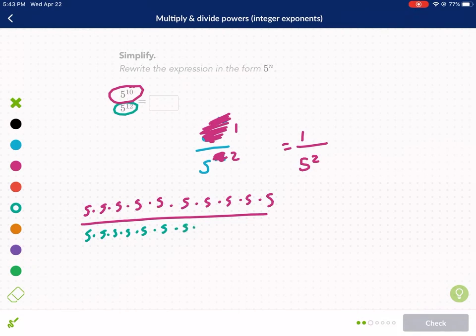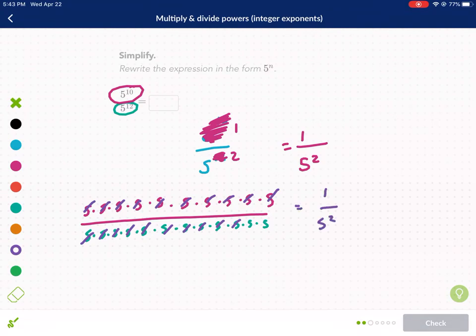I would not advise doing this each time. It's very time consuming and really a waste of time, but it's good to demonstrate. You could rewrite each one as a fraction. Anything you see in the top, you can cancel with the bottom. As I do this, you see I run out of pink faster than green, and you'll see that I'm left with 2 in the bottom. So it goes to 1 in the top over 5 squared in the bottom.